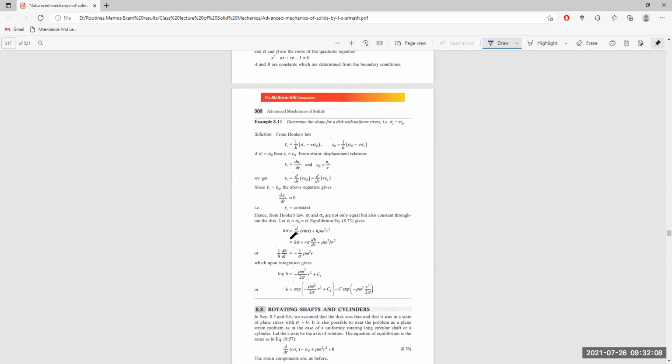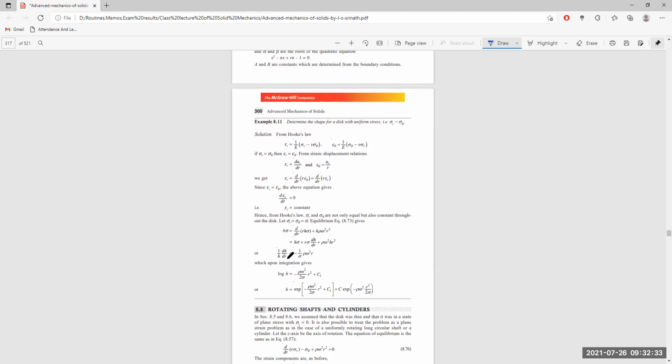give us d by dr of r h sigma plus h into rho into omega square r square. To make the integration, we will have h into sigma. If we differentiate with respect to r, we get d by dr of r sigma h, and this portion remains the same.